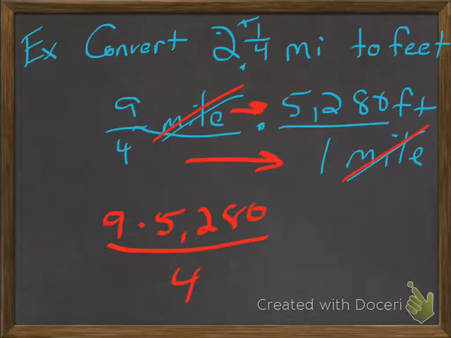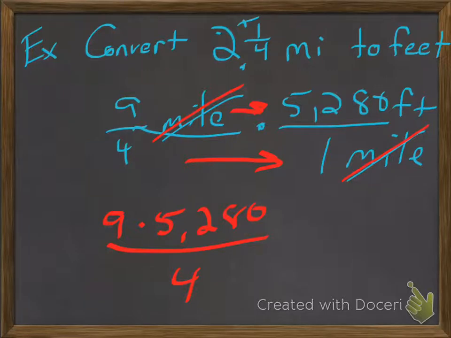4 goes into 5 one time. 4 goes into 2 0 times. 4 goes into 28 7 times and then 0 times. So actually, wow, I completely messed that up.